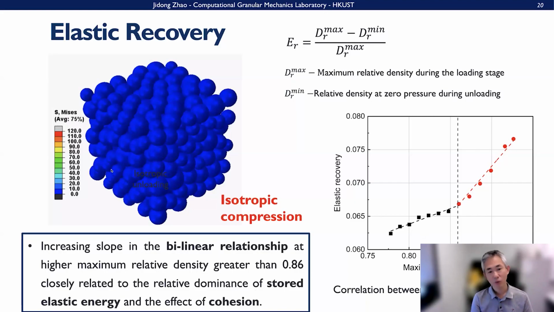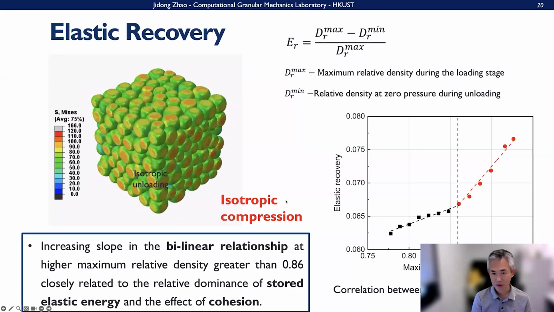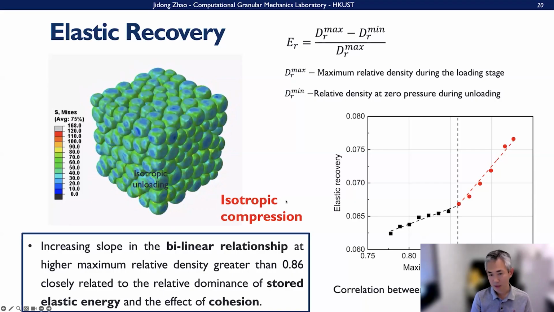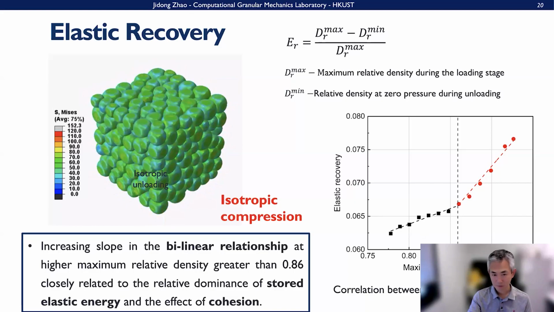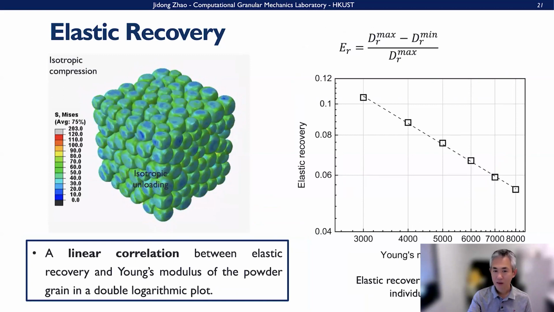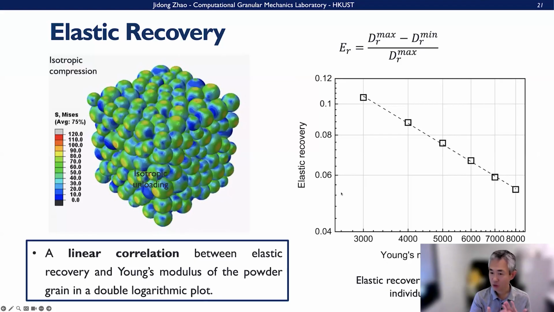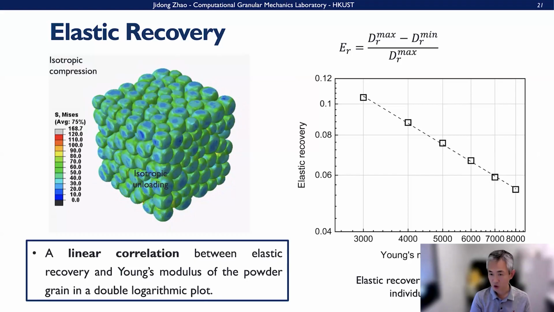So this is the way that we observe from the simulation the elastic recovery. This is one of the properties that we want to understand about this highly deformable particle. Another thing would be the elastic recovery: how does that change with the individual particle's Young's modulus?